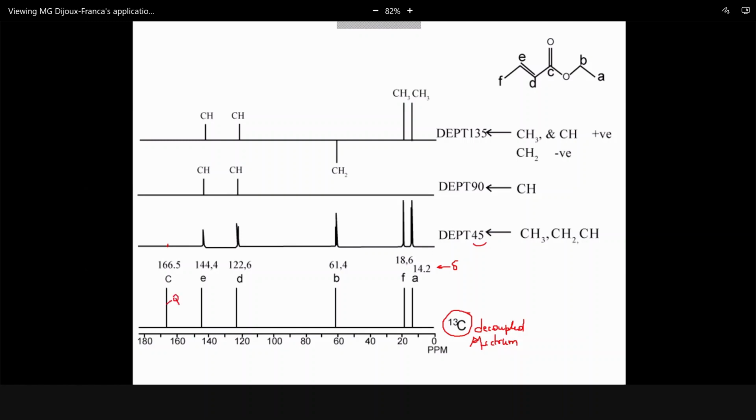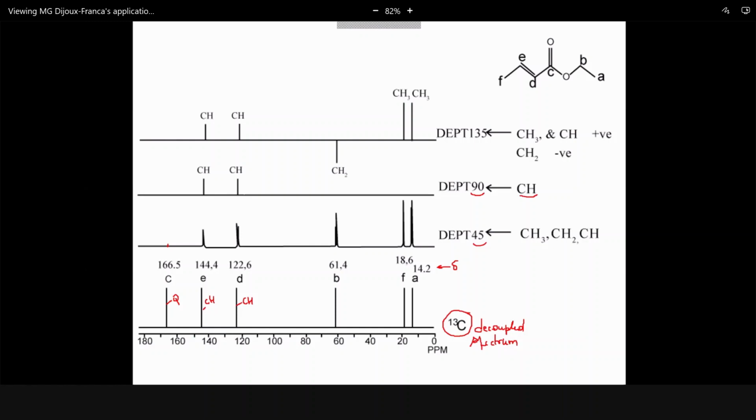For the others, when I use the DEPT 90, for example, I observe only the CH in the structure. So then I knew that carbon E and D are CH carbon, because it's the only signal I have on this experiment.